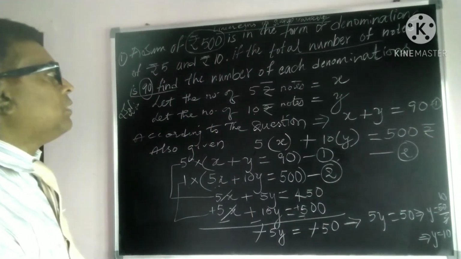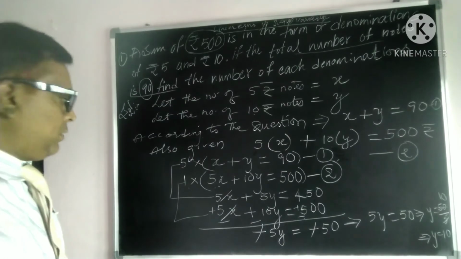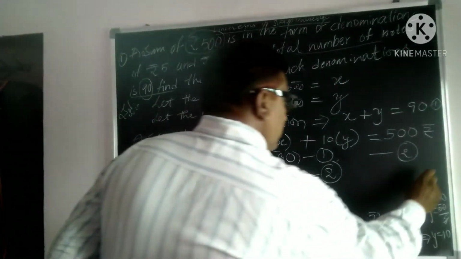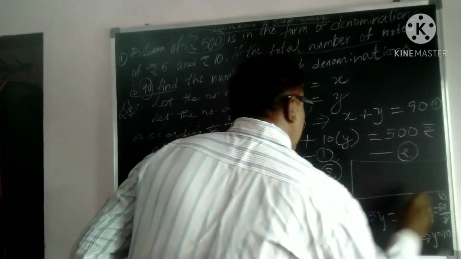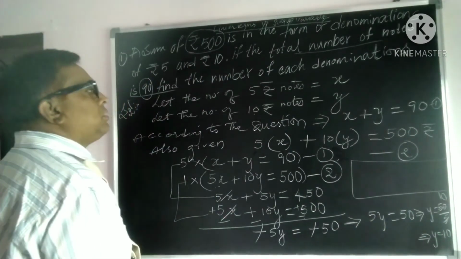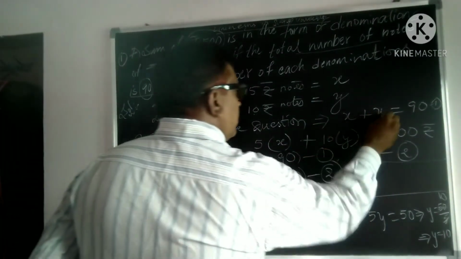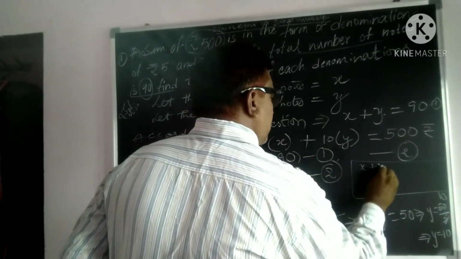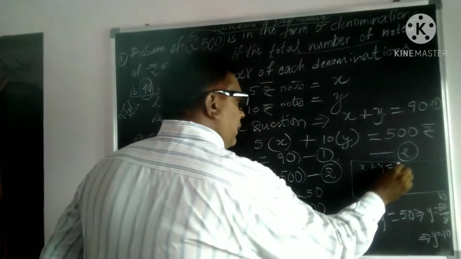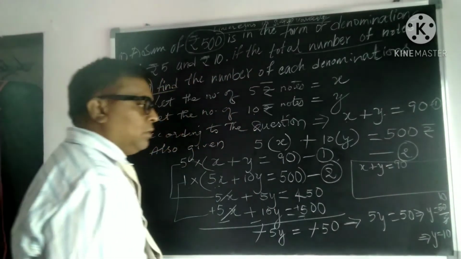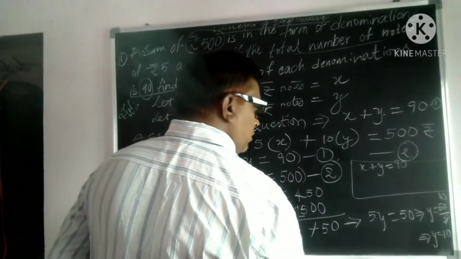Now let us find the value of x. From the first equation, x plus y is equal to 90. Substitute the value of y in this equation.